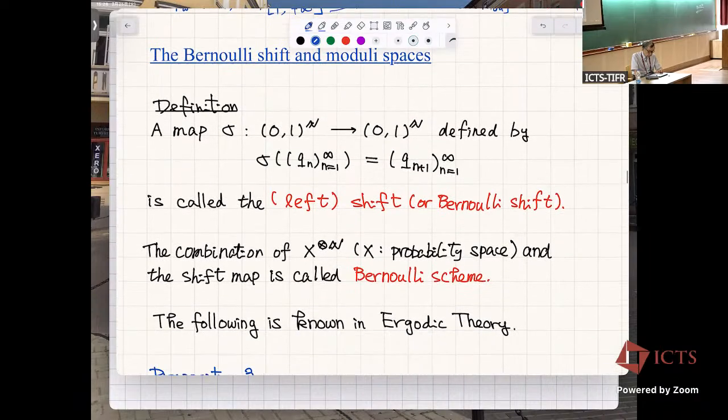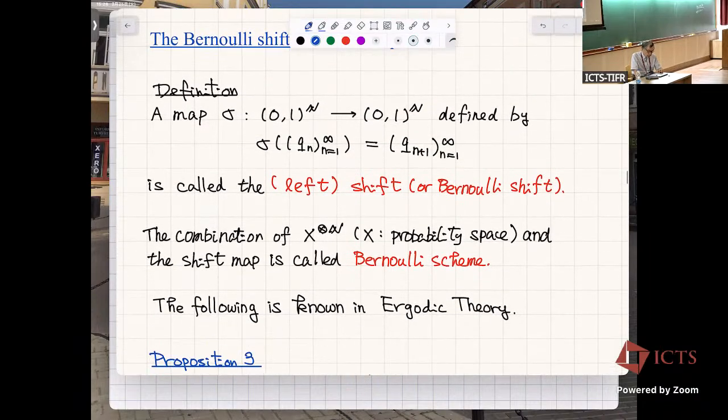We consider the so-called Bernoulli shift, or just the left shift, or simply shift. That is a map from the space to itself which forgets the first entry. So if you have a sequence Qn, the image under sigma starts with the second entry, Q2, so it is Qn plus 1.